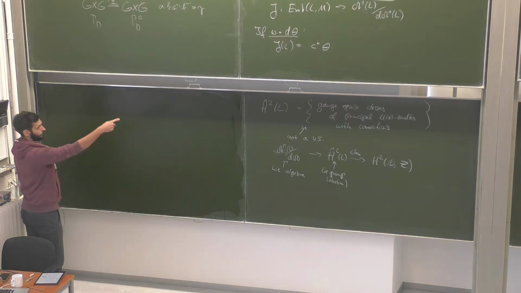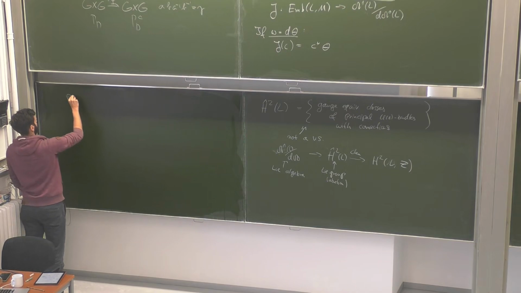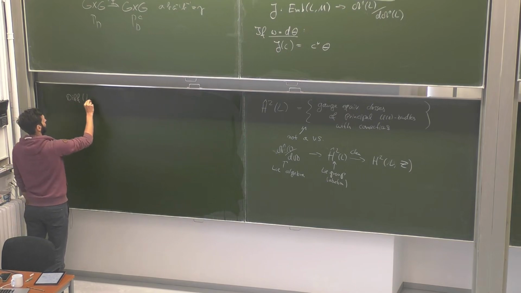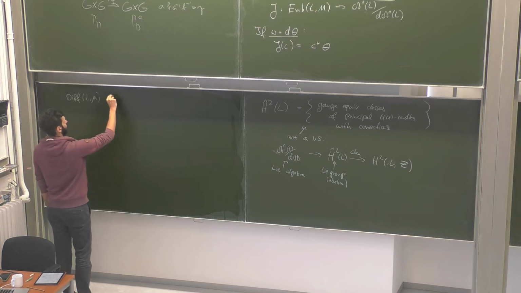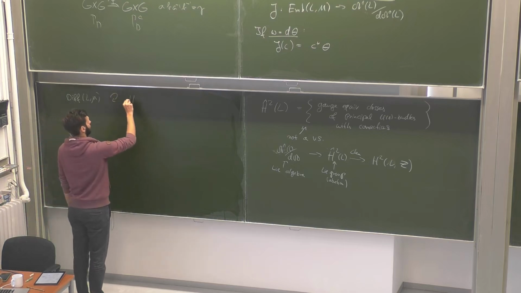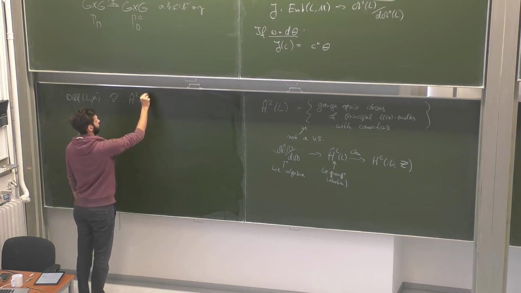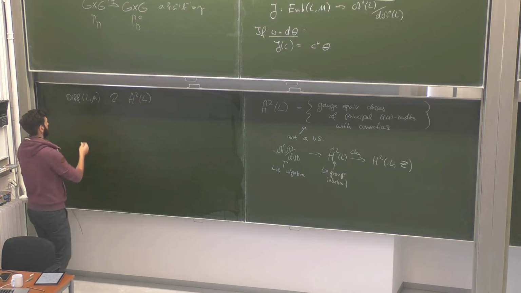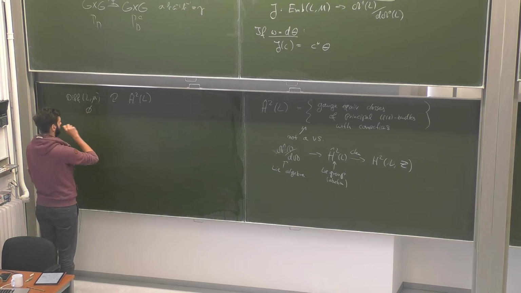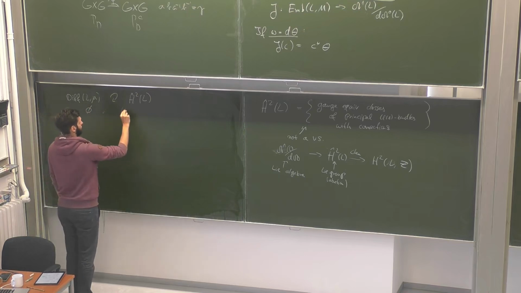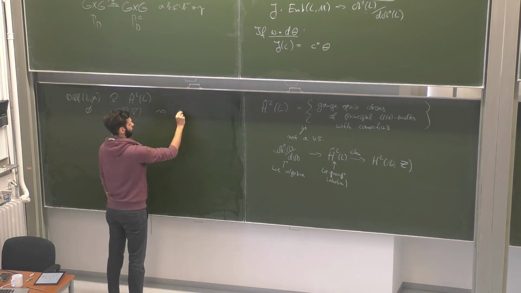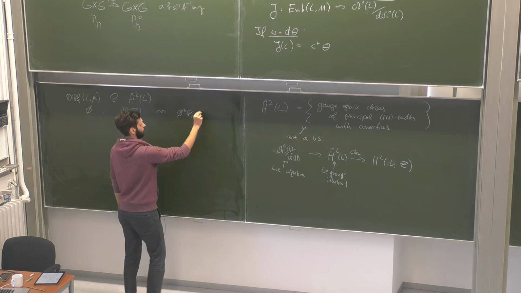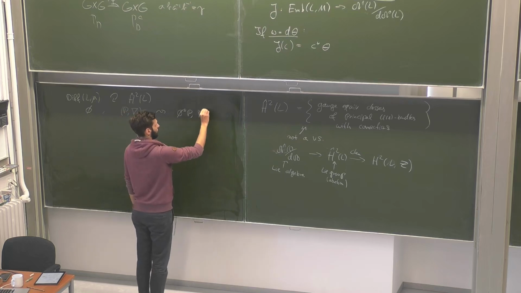So you can go back to this example where we have an action of diffeomorphism groups that preserve the volume, which acts naturally on the space of principal bundles with connection, just by pullback. So if I have a diffeomorphism and I take a bundle with connection, then I can associate to it the pullback bundle and the pullback connection.